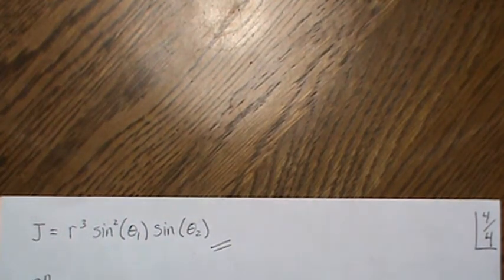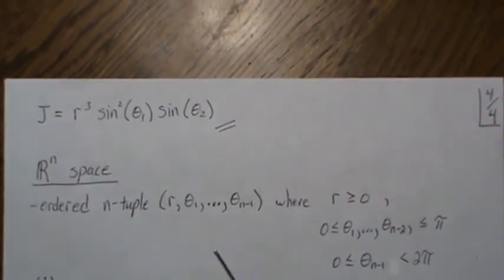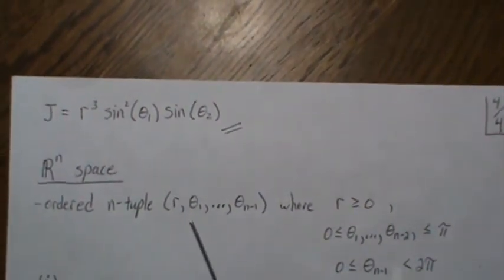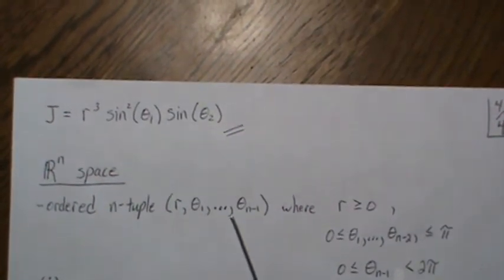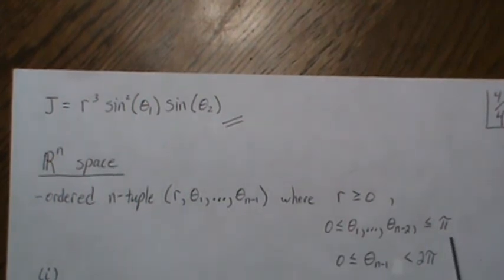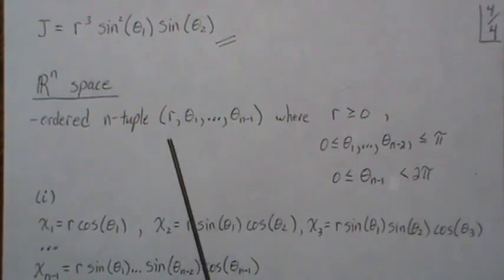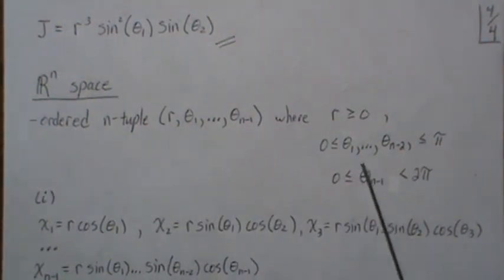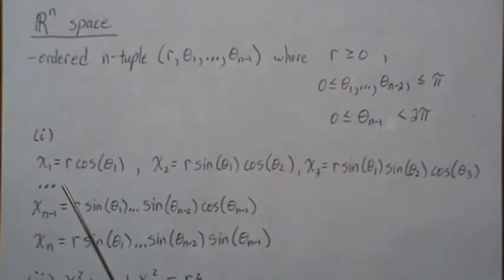Now, to generalize this, in Rn space, it's an n-tuple, which is this, and r is non-negative. Theta 1 through theta n minus 2 are between 0 and pi, and that last one is between 0 and 2 pi. And you'd go through the same approach that we just did, and then you would come up with this system.